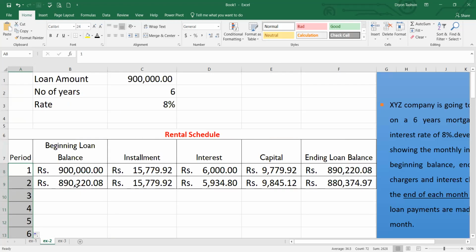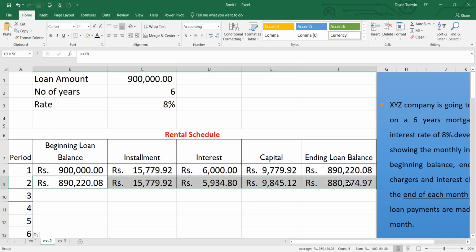Now, the whole schedule, other than the period, should be selected and dragged up to the 72nd period.